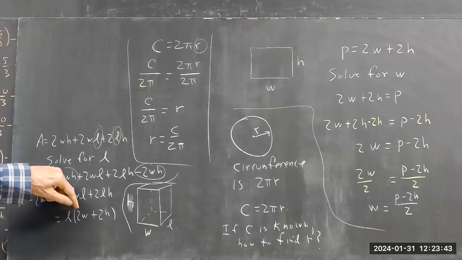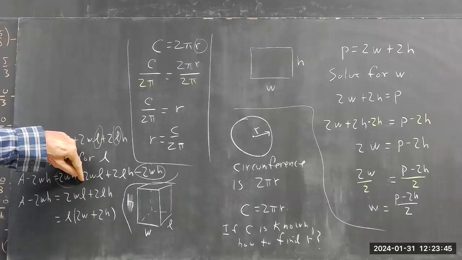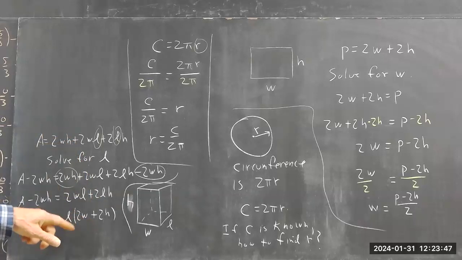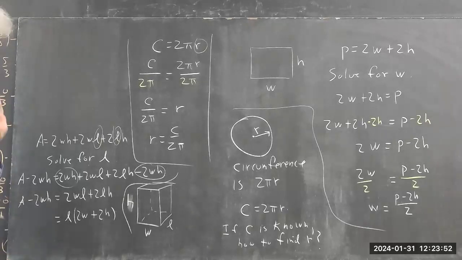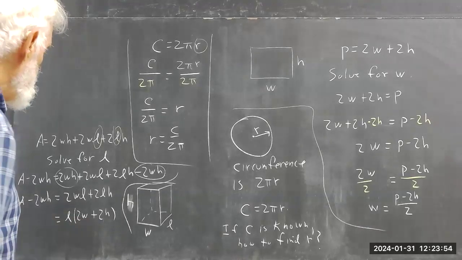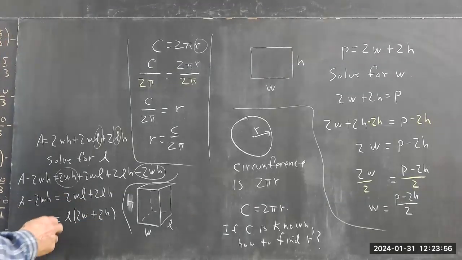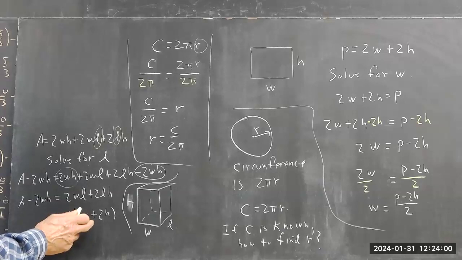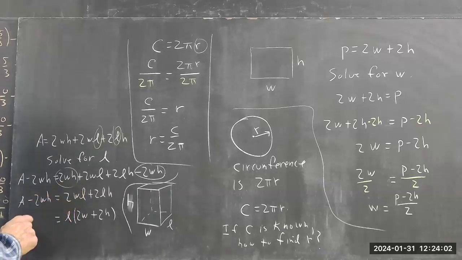When the L is multiplied by both terms, I get back to what I had here. Now this is called factoring, and you're probably going to see that when we get to the section on formulas. But it's a pretty simple factoring. It's just the distributive law. By the distributive law, this has to equal this, and I haven't changed this side. So there we have this.